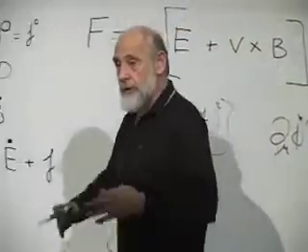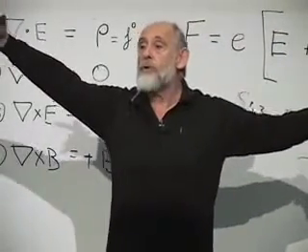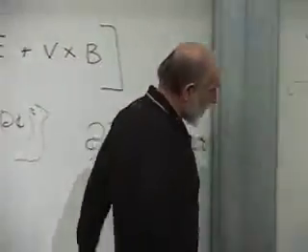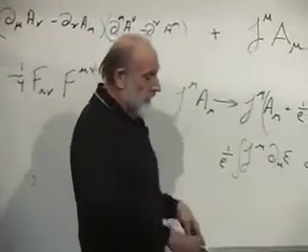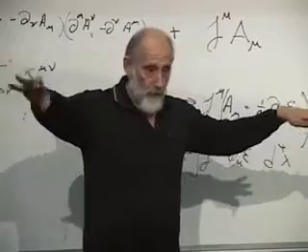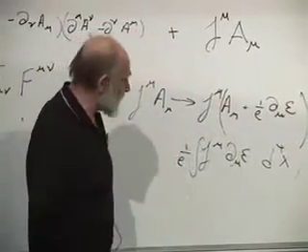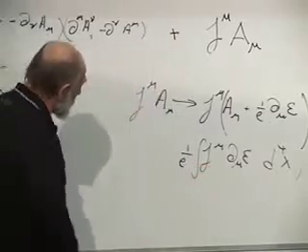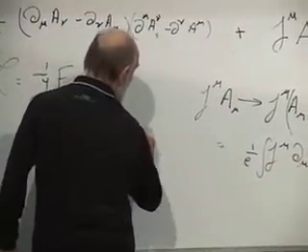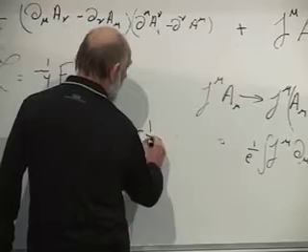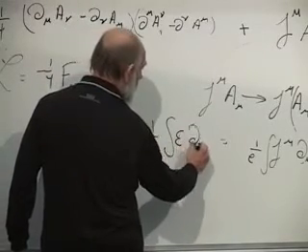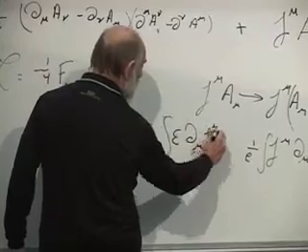Yes, you get a surface term, but let's imagine integrating over all space-time to calculate the action. Assuming that very far away the fields and the currents become 0, this is equal to minus 1 over E, the integral of epsilon times d mu J mu.